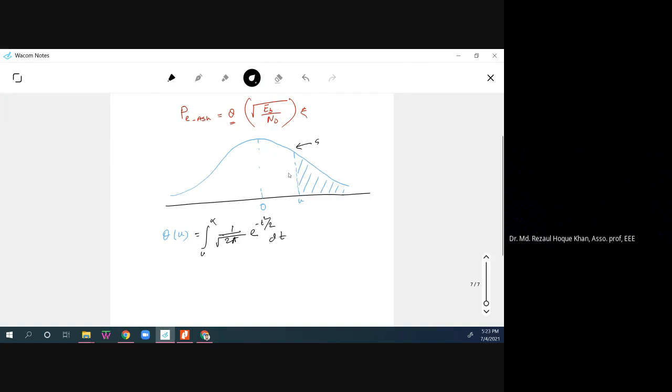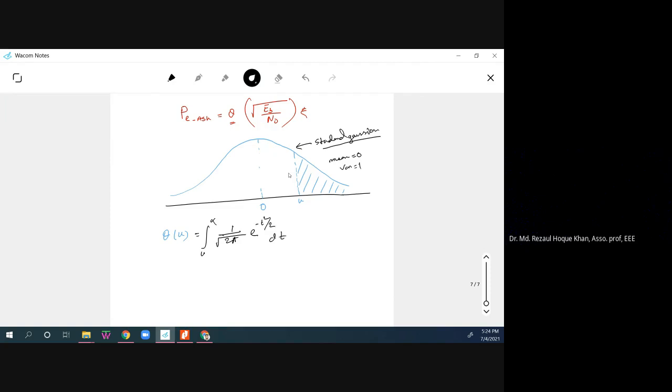I discussed this in more detail in our previous slide on AWGN, where this standard Gaussian has mean 0 and variance 1.